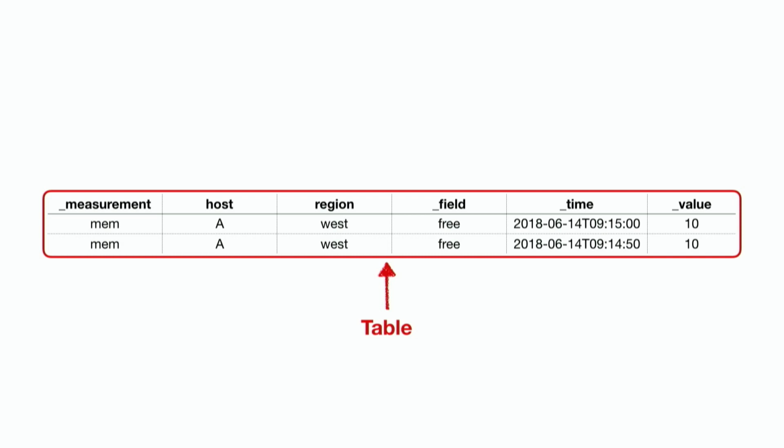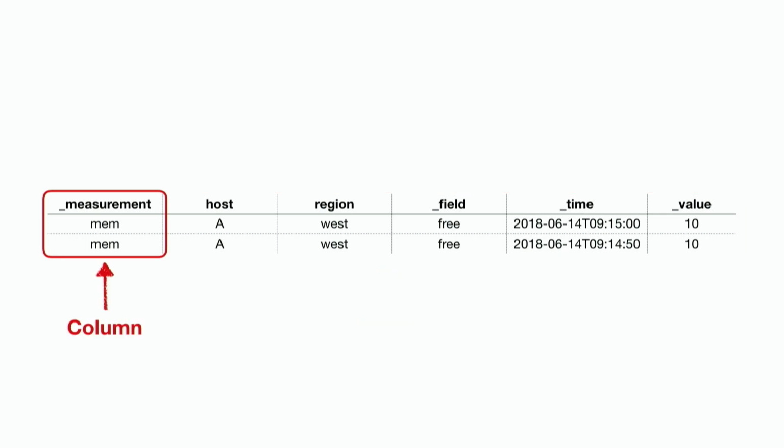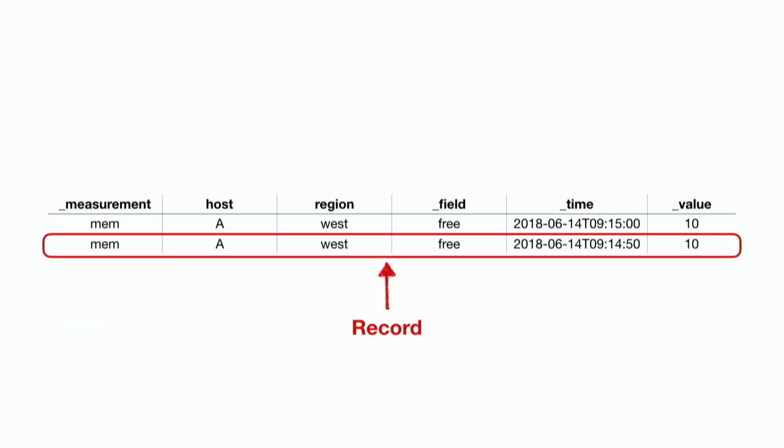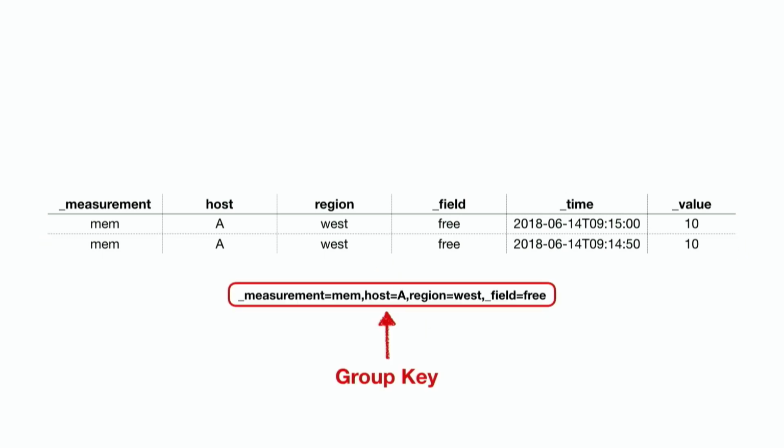So here we have a table. Basically, Flux functions generally view things as a stream of tables, which each has a set of records. And each individual table has a consistent data model to it, right? Like the types are consistent for, say, a column, right? So you have columns, you have individual records. And the other thing we have is this thing called a group key.